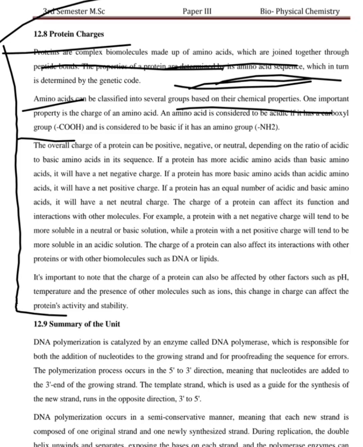So first we are going to identify whether the amino acids in the protein are acidic or basic, and depending on that nature we say whether the protein has a positive, negative, or neutral charge. If an amino acid has more carboxyl groups, it will be on the negative side.